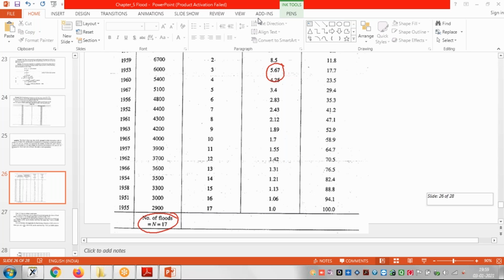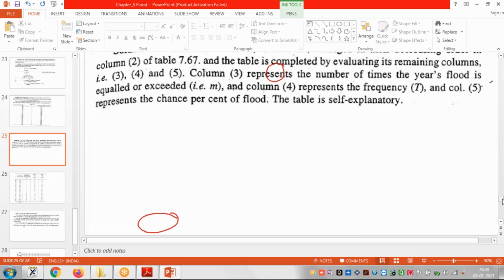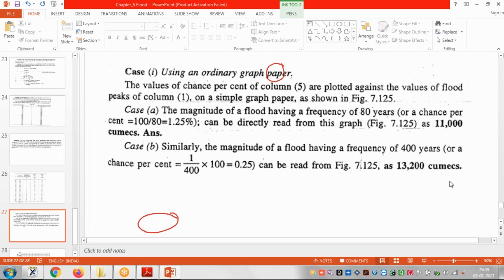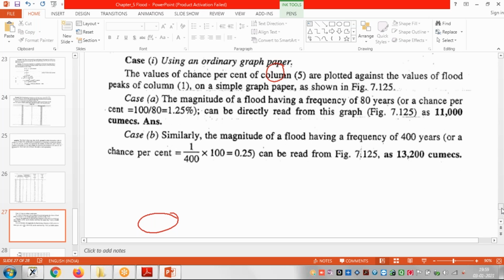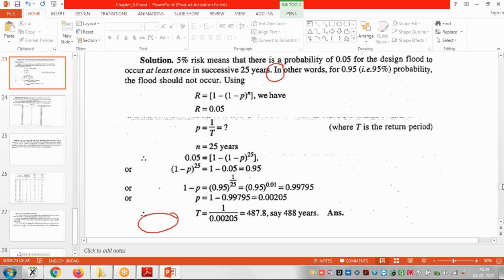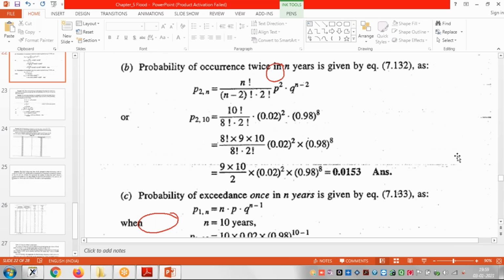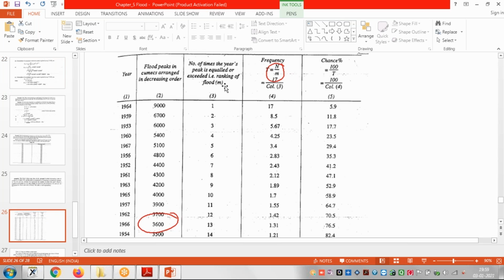Now we have given the rank. So for different floods, the rank value is different, right? This is first, this is second, likewise.